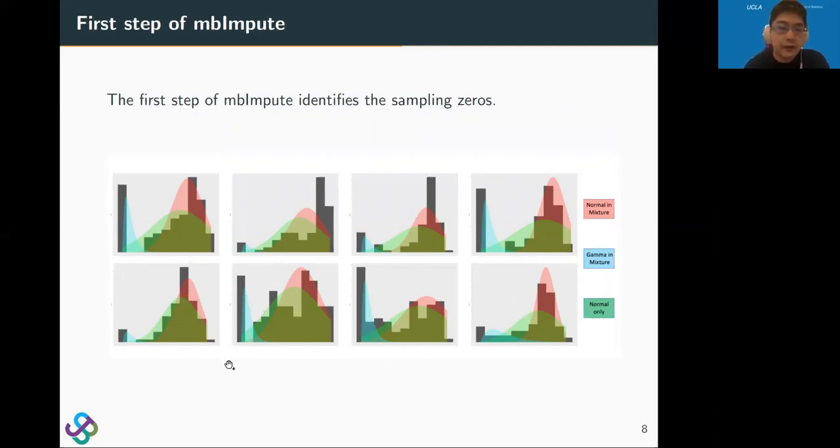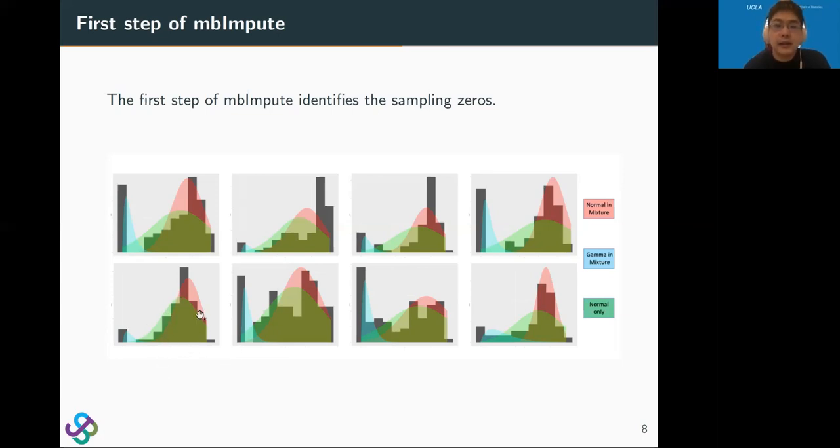For example, I think I haven't included a very good result here. If you shift this peak to the left a little bit, maybe the zero can be viewed as part of the normal distribution. So even if we have fit a gamma normal mixture, we will use a likelihood ratio test to judge if our mixture model really improves the fit of this kind of distribution.